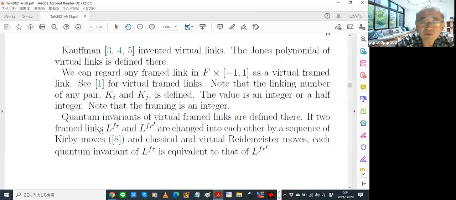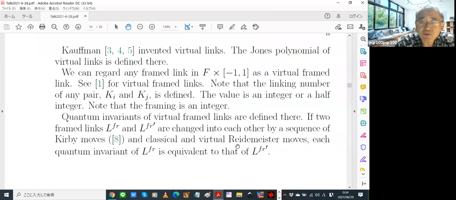If two framed links are changed into each other by a sequence of Kirby moves and classical and virtual Reidemeister moves, the quantum invariant of L is equivalent to that of L prime. Dye and Kauffman defined framed virtual links, and they defined quantum invariants of framed virtual links.